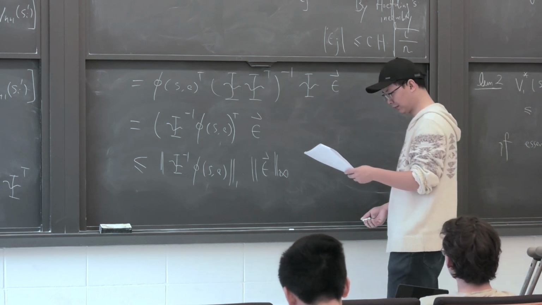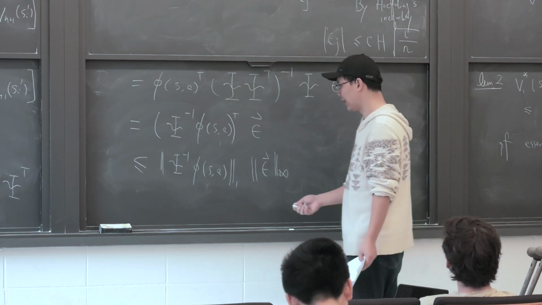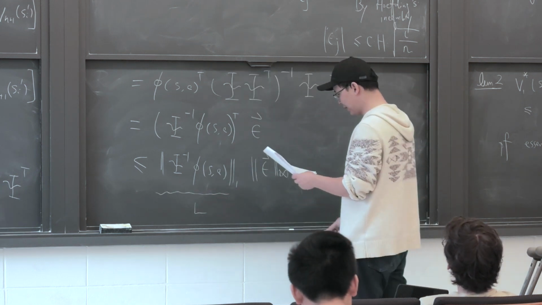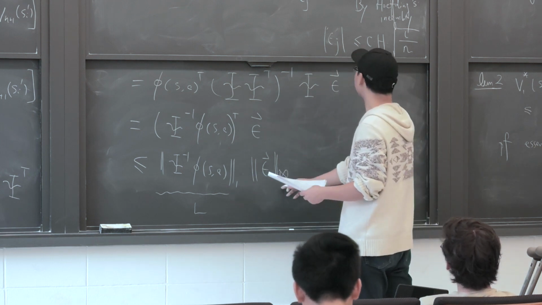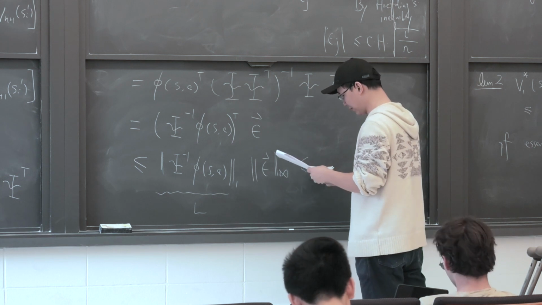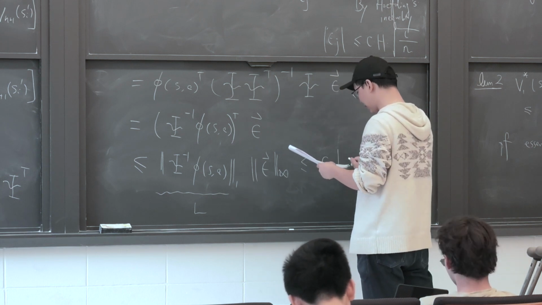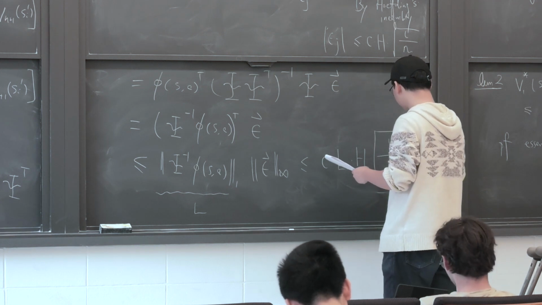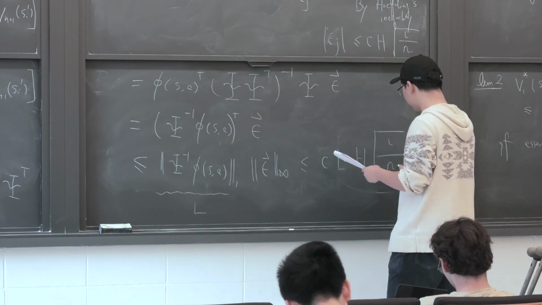And we know this, by the definition of the core set, is upper bounded by L. And this is by the concentration inequality we already gave here. So this is less or equal to C times L times H times square root of iota over n.